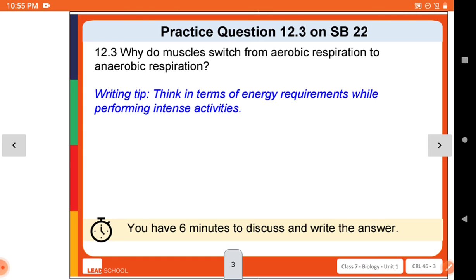Think in terms of energy. Here is another hint: we consider a situation in terms of energy requirement while performing intense activities, when aerobic respiration switches to anaerobic respiration.